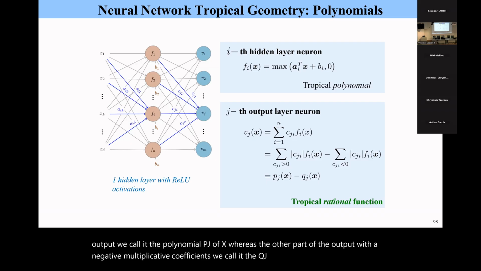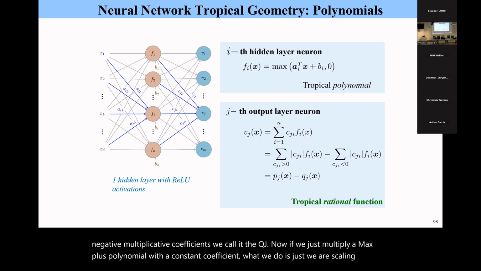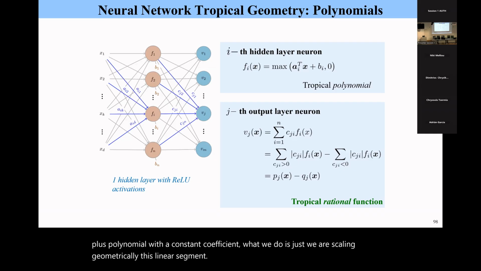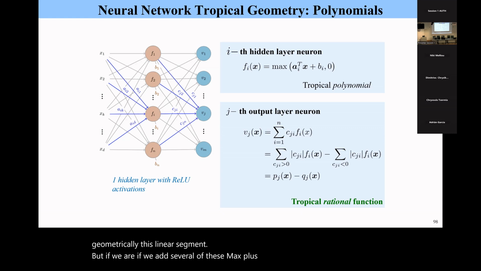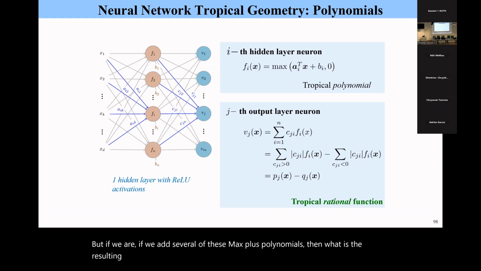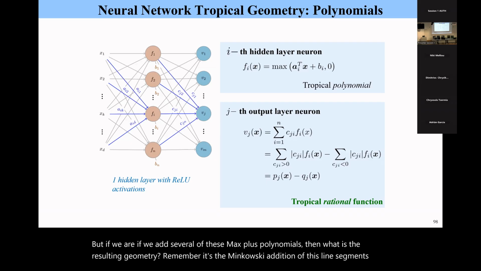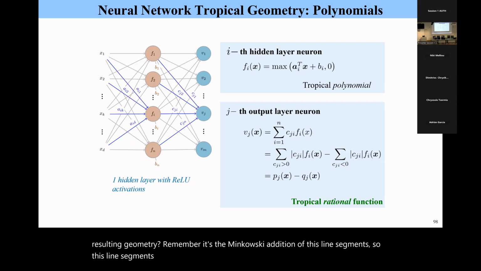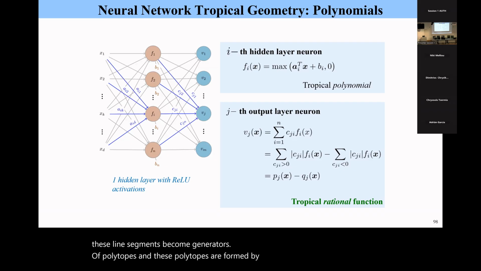Now, if we just multiply a max-plus polynomial with a constant coefficient, we are just scaling geometrically this linear segment. But if we add several of these max-plus polynomials, then what is the resulting geometry? Remember, it's the Minkowski addition of these line segments. So these line segments become generators of polytopes, and these polytopes are formed by Minkowski addition of these line segments.